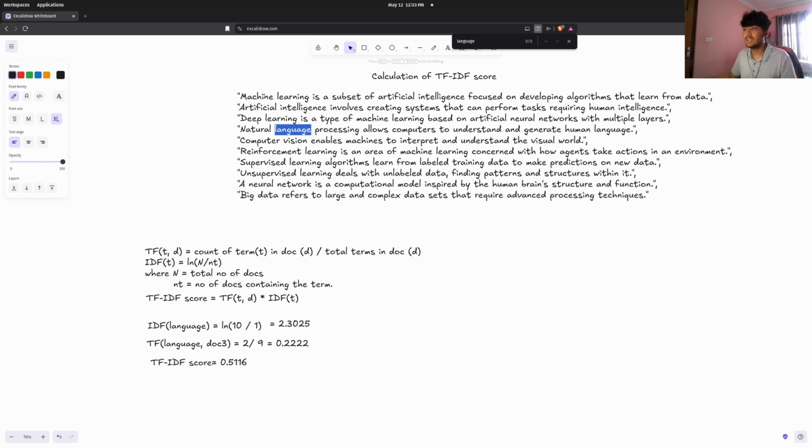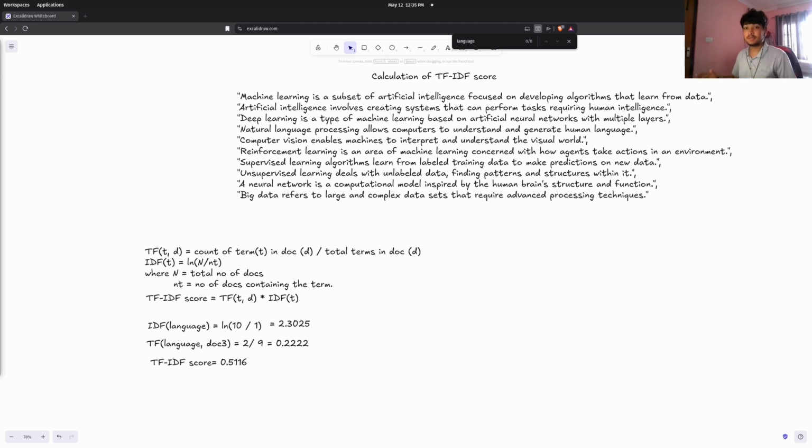So if machine is important for document 0 only, then the probability of machine appearing in other documents is relatively low. The combined TF-IDF score gives how relevant a token is to that document, and how rare it is in other documents. The multiplication of these scores gives us the TF-IDF score.